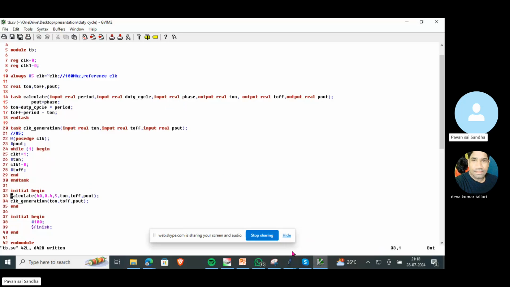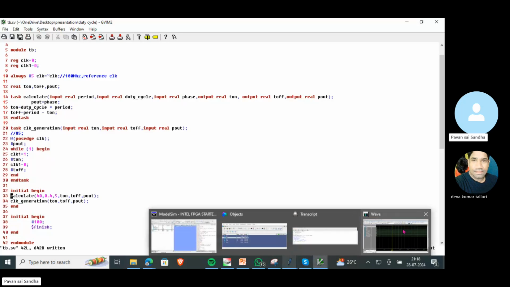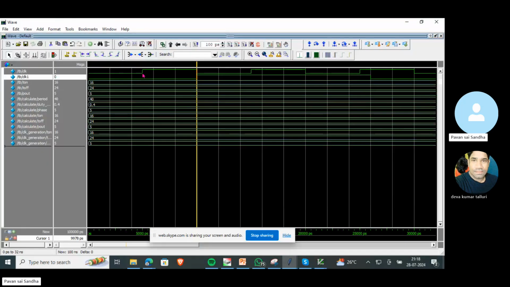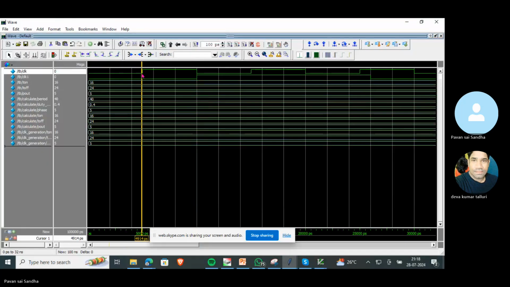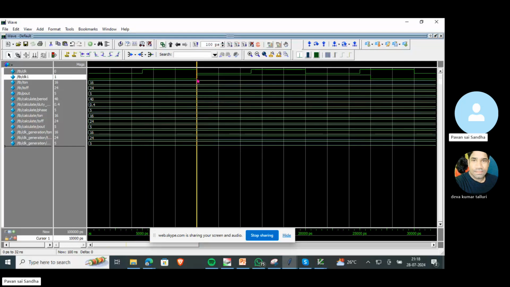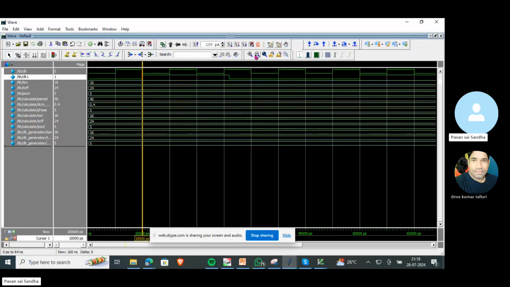So I will show it in the output. So here it is 5 picoseconds, and here it is 10 picoseconds. The phase difference between both the clocks is 5. We achieved that, and we are generating the second clock with a 50% duty cycle.